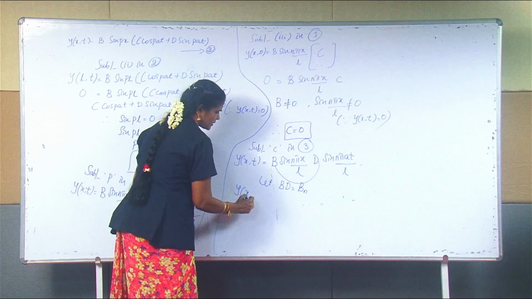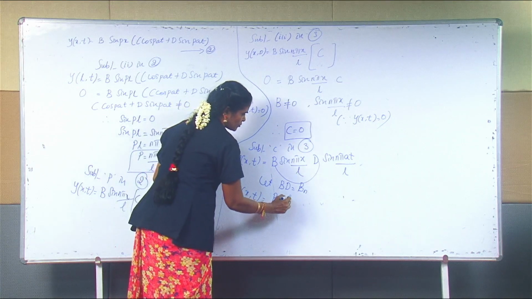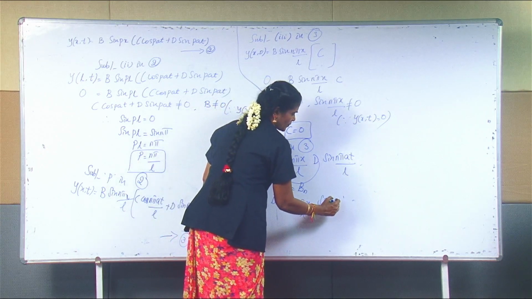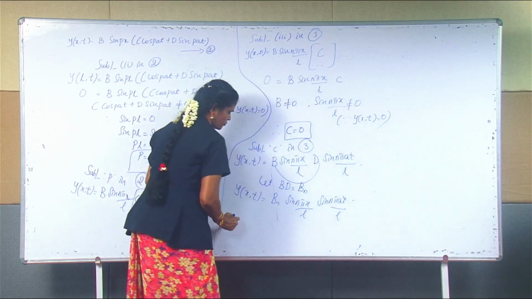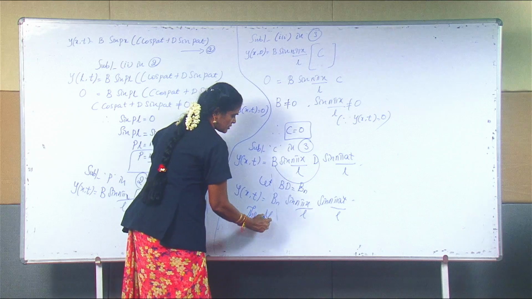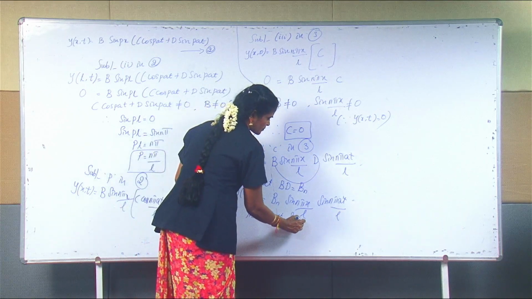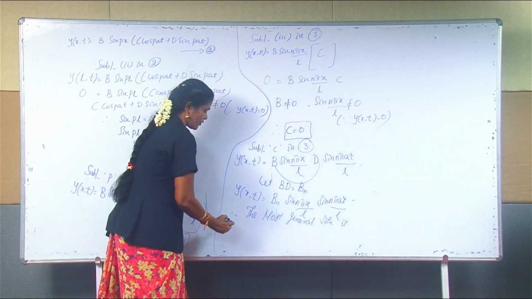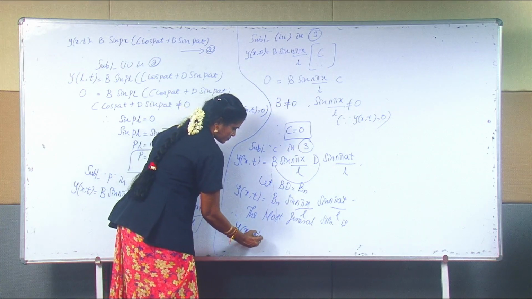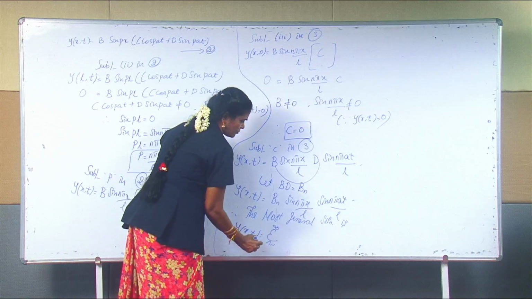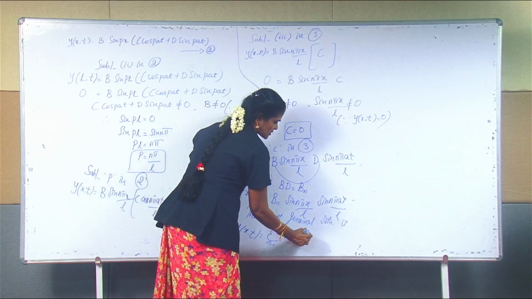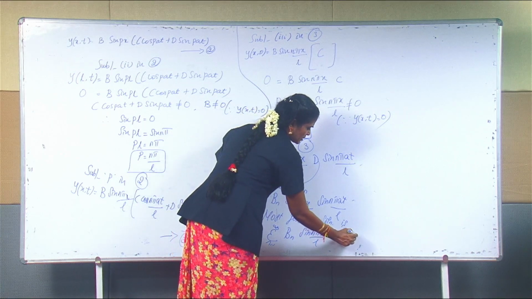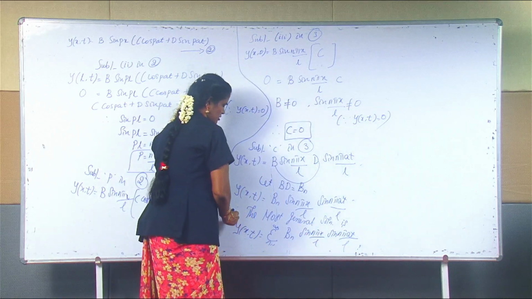So your y of x comma t equal to bn into sin n pi x by L into sin n pi a t by L. Therefore, we can consider the most general solution as y of x comma t equal to summation n equal to 1 to infinity bn sin n pi x by L into sin n pi a t by L. Now this is our correct solution.